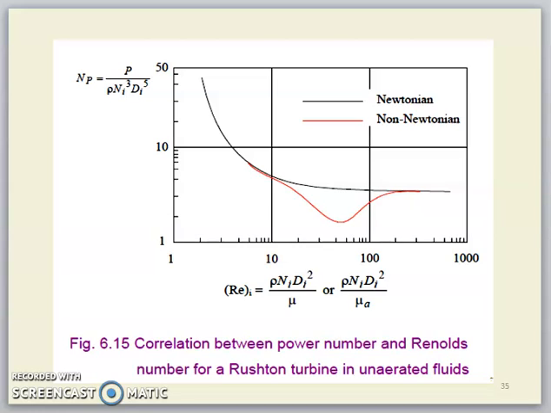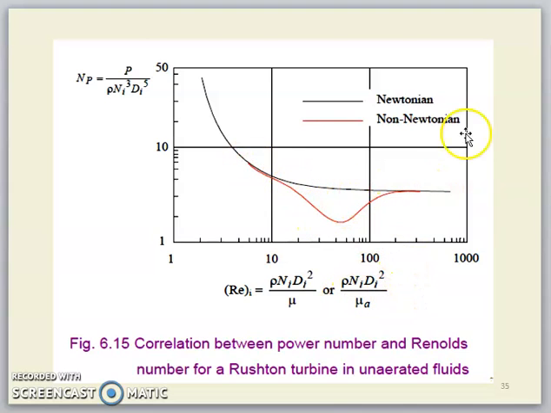The figure here shows the correlation between the power number and Reynolds number for a Rushton turbine in aerated fluids. So the lines here, we have lines of Newtonian fluid and non-Newtonian fluid.